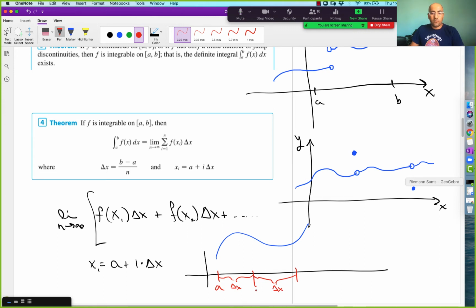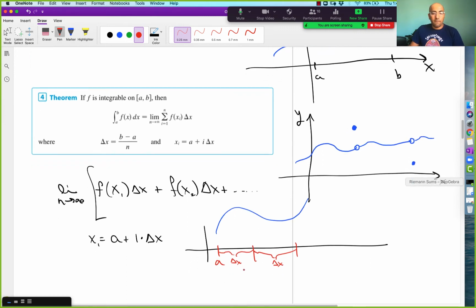So x sub 1, a plus delta x gets you here. So this is going to describe right endpoints for my rectangles.